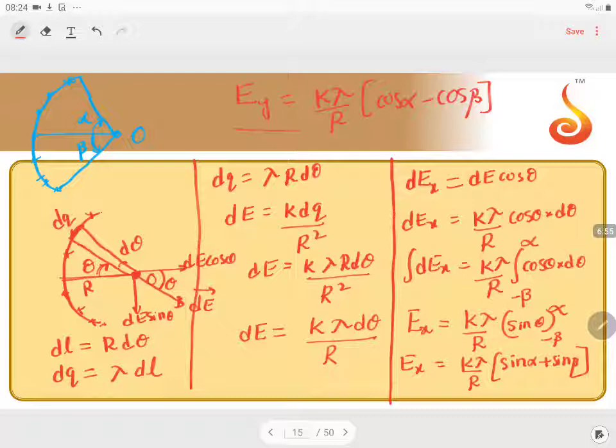Similar formulae you will get for the finite rod of charge. So these formulae are similar to the finite rod of charge.